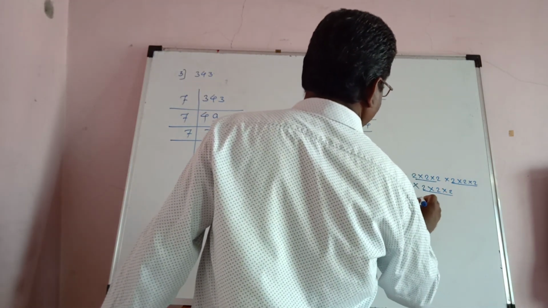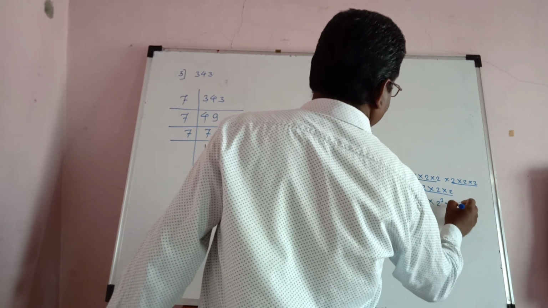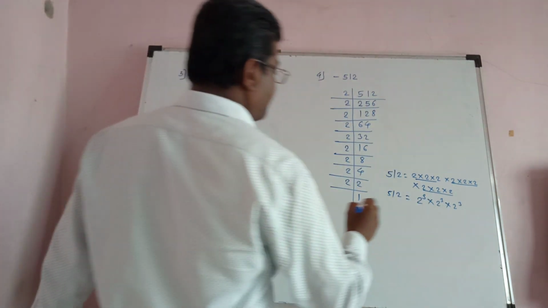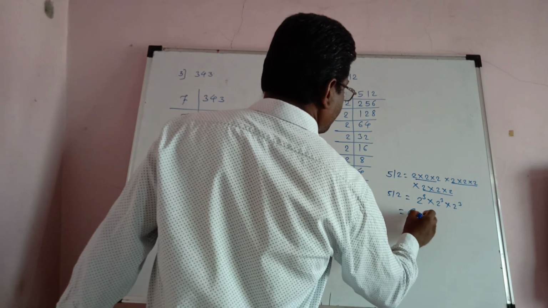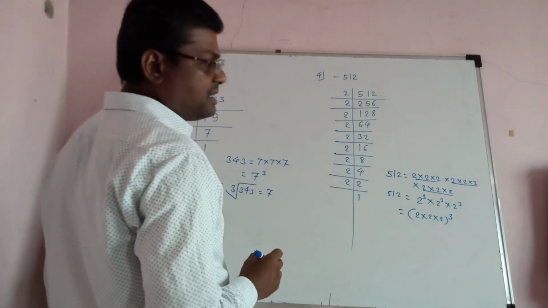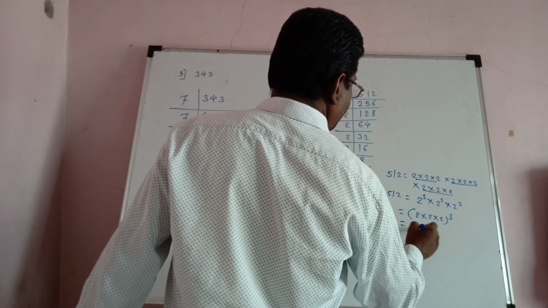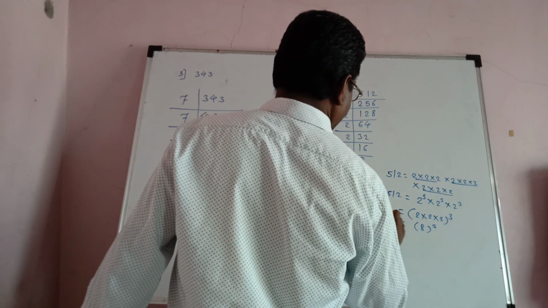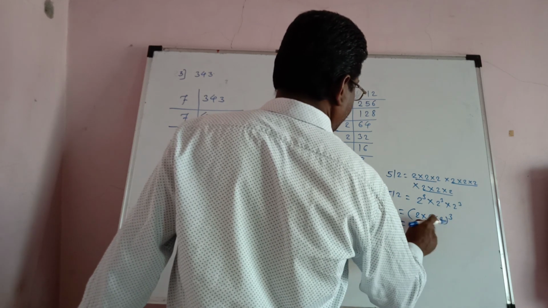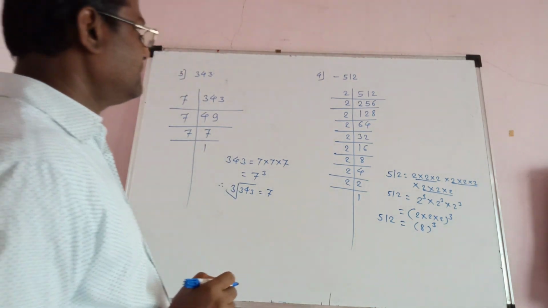In this way we can write 2 raised to 3 into 2 raised to 3 into 2 raised to 3, which is 2 into 2 into 2 raised to the common index 3, which is 2 into 2 is 4, 4 into 2 is 8, 8 raised to 3. So 512 is 8 raised to 3.